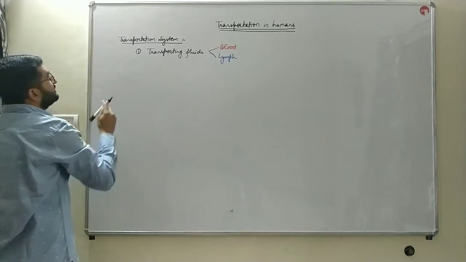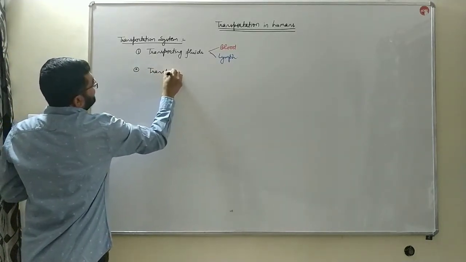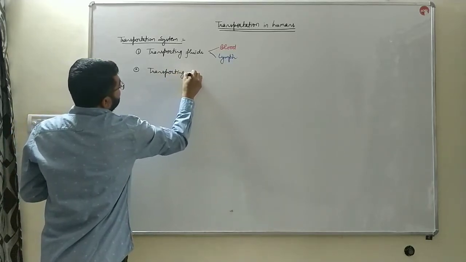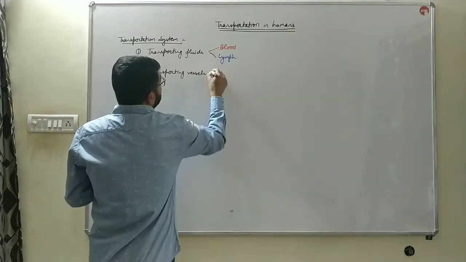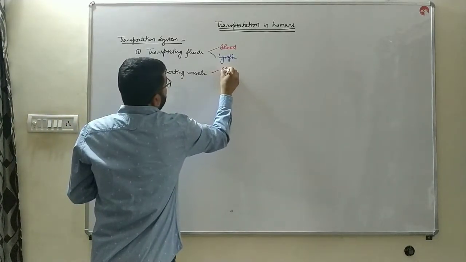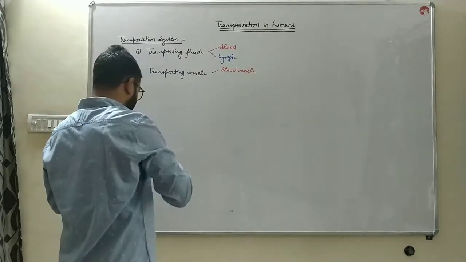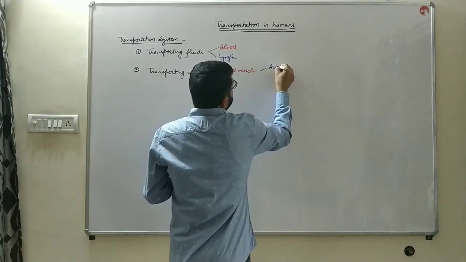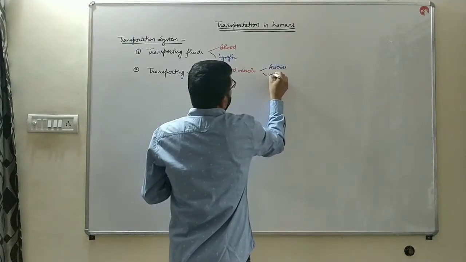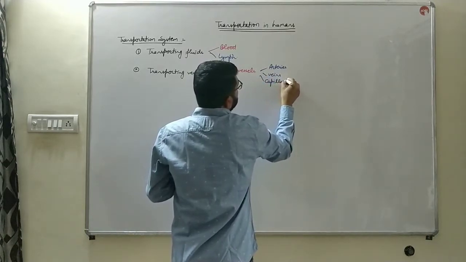The second component is transporting vessels. Transporting vessels are blood vessels, which are of further three types: arteries, veins, and capillaries.